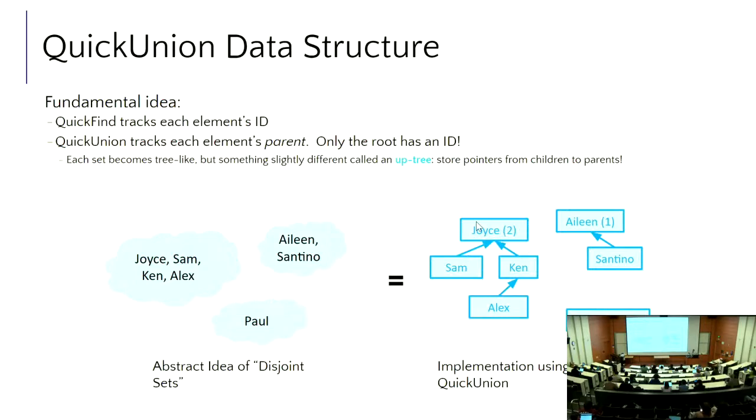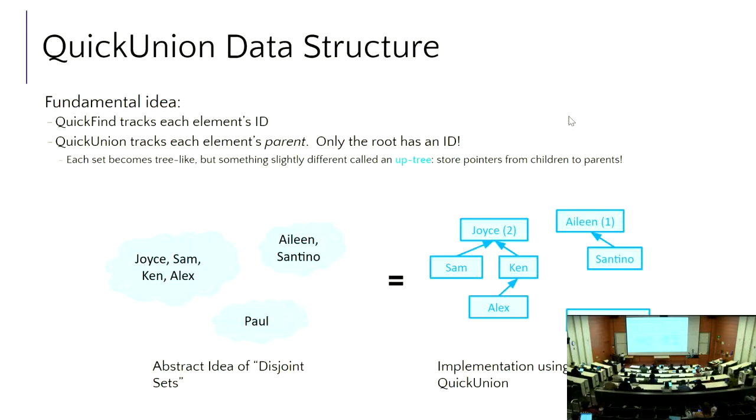That's where we find the representative. So we need the ability to go from child up to the overall root. This also works for sets of one. Paul is his own representative. Over here, Santino's representative is Eileen, and Eileen's representative is Eileen. So that's the tree nature of these individual sets.